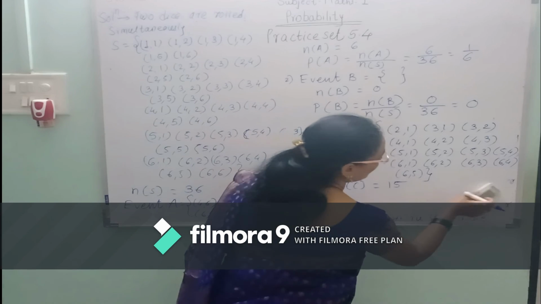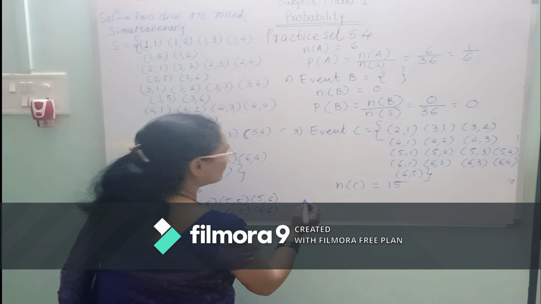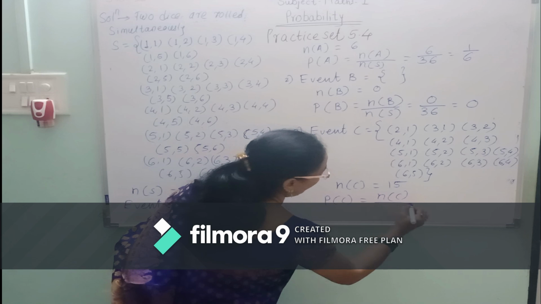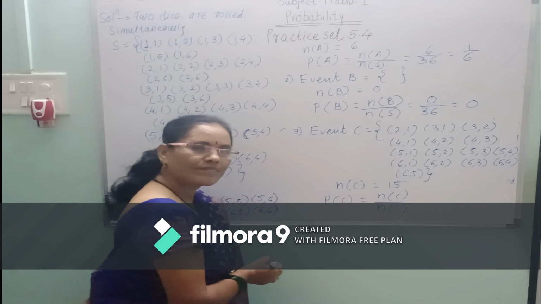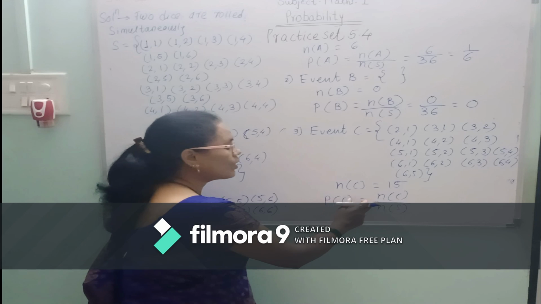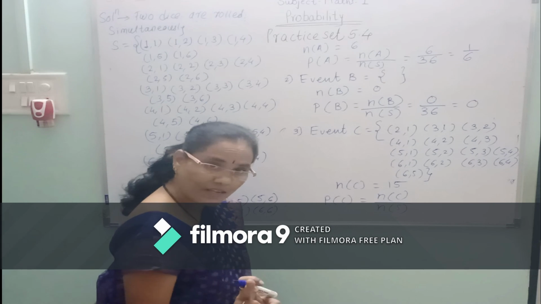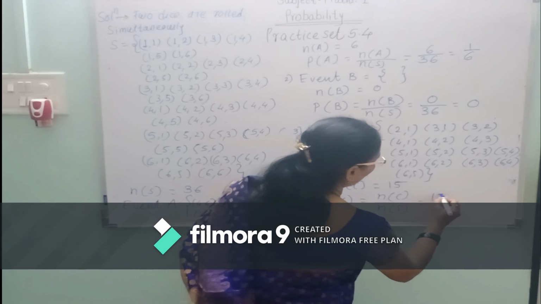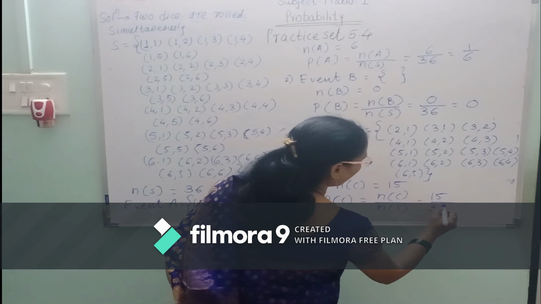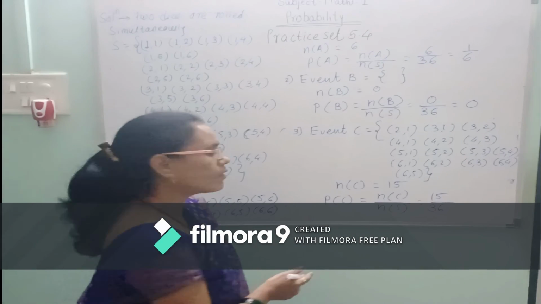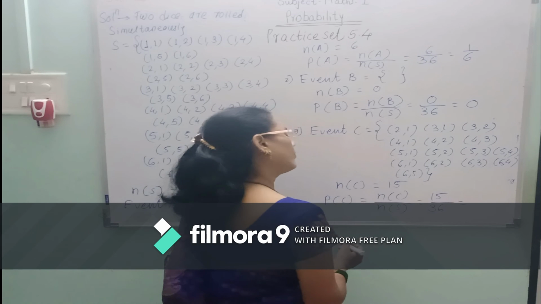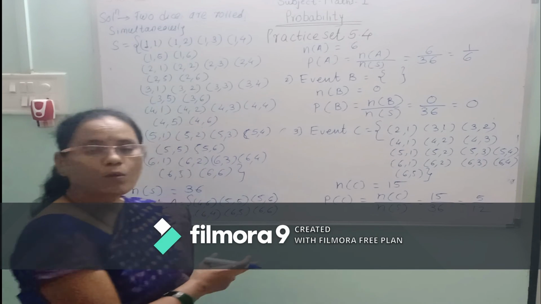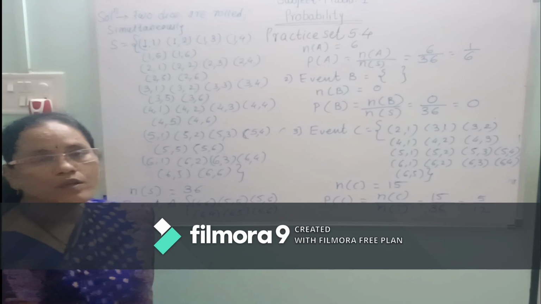Now find the probability of event C. P(C) is equal to n(C) divided by n(S), that is the number of sample points in event C divided by the number of sample points in the sample space. So n(C) is 15 and n(S) is 36. Dividing, 3 fives are 15 and 3 twelves are 36, so the probability of event C is 5 upon 12.